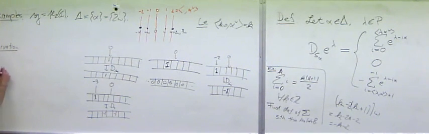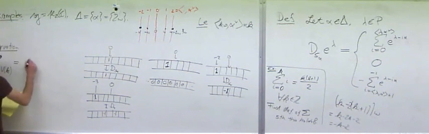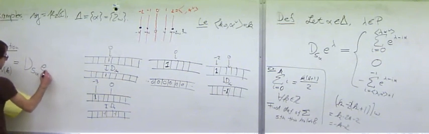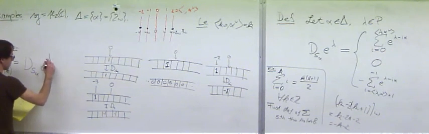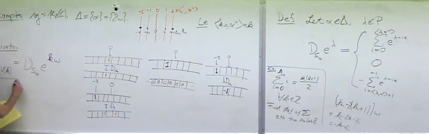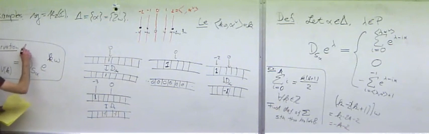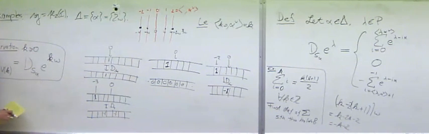And now we have this observation. What's the character of Vk? Well, that's just d s alpha e to the k omega, right? So whenever k is non-negative, then we have this simple representation Vk.